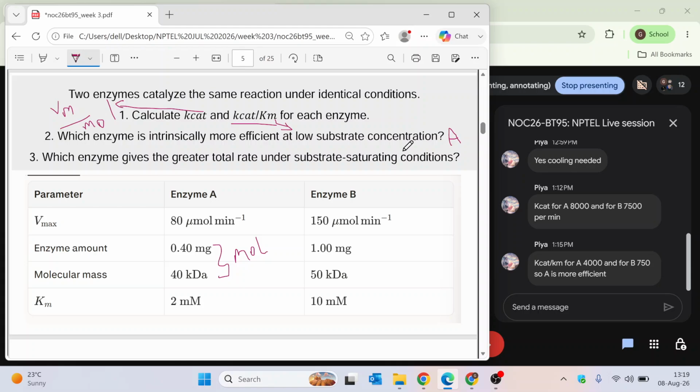You just have to identify what substrate saturating conditions are. When talking about enzyme catalysis, you have two conditions. One is the substrate saturating conditions, and another one is the substrate limiting conditions. To put this in other terms, when your substrate is in excess, or S is very much greater than Km, what would happen?